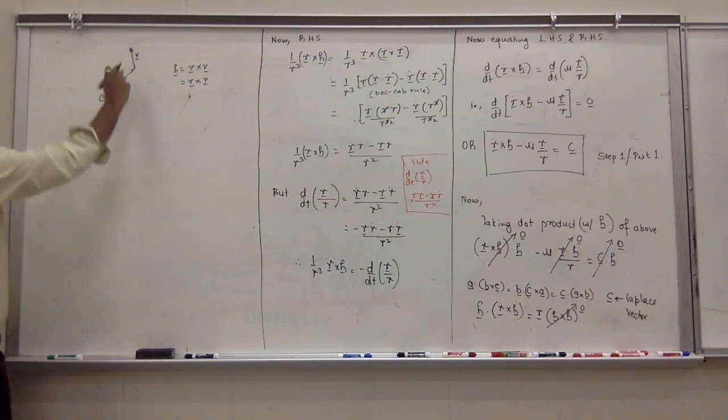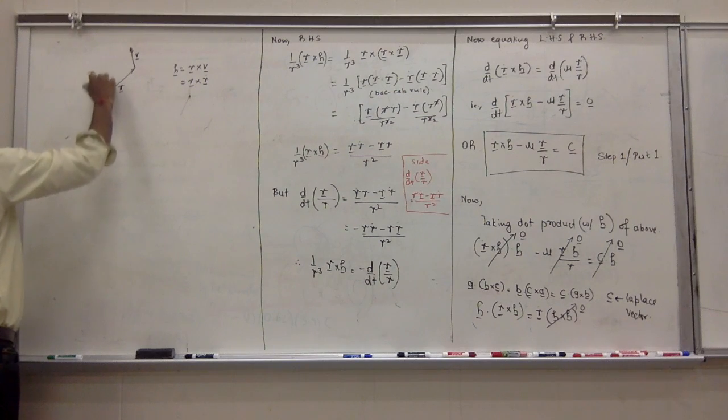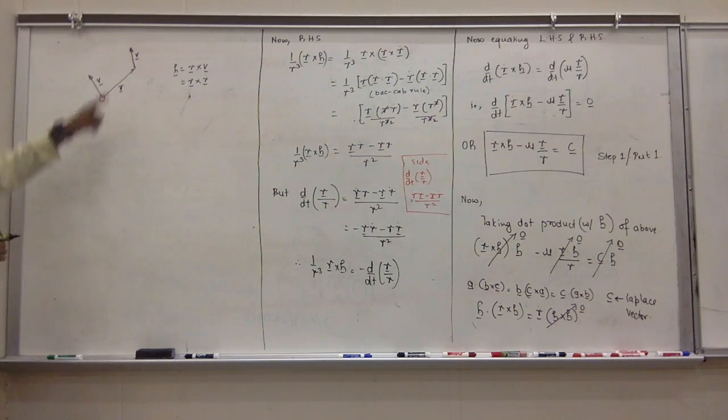Okay. Now if I move V here, assuming nothing changes, it's the same V. Your H has to be in this direction, right? There is no other direction. And this H defines this plane, this orbital plane.